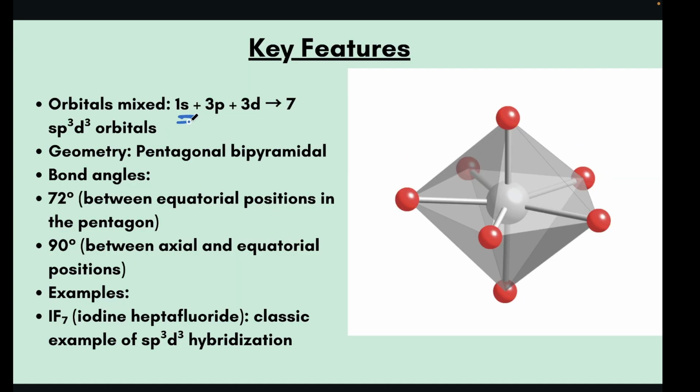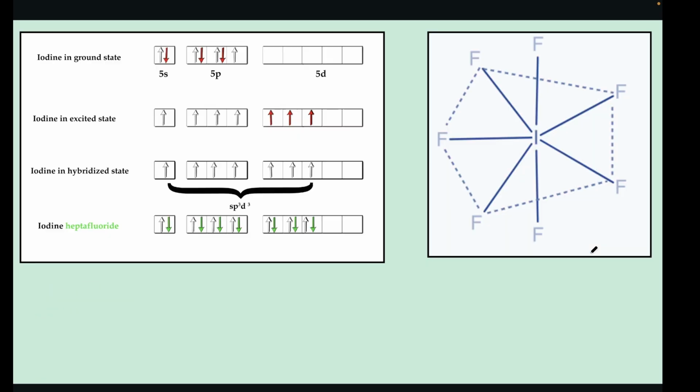So 1s, 3p and 3d orbitals combine to form 7 sp³d³ orbitals, which has pentagonal bipyramidal geometry. And the bond angle between the equatorial position is 72° and between the axial and equatorial position, the angle will be 90°.